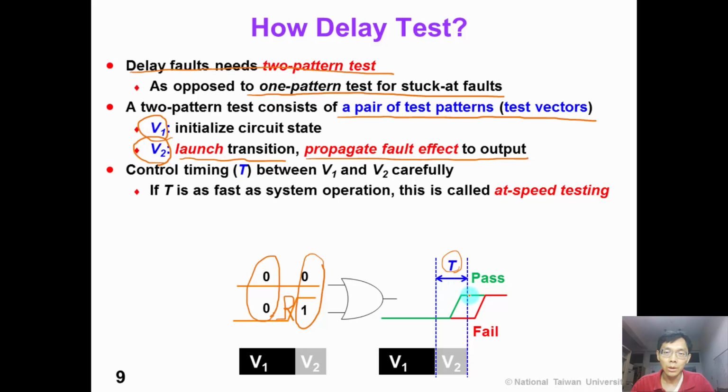If the output rises to logic 1 at time t, it passes the test. If the output cannot rise to logic 1 at time t, then it fails the test. So we need to control the timing t very carefully in delay test. If t is as fast as the system operation, then this delay test is called speed testing.